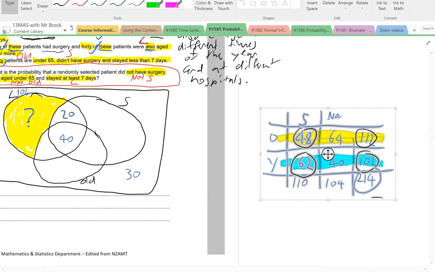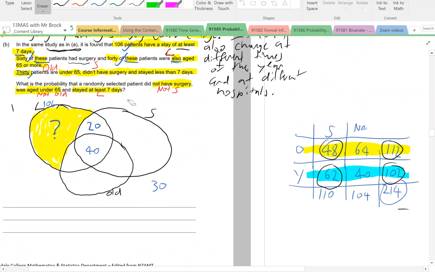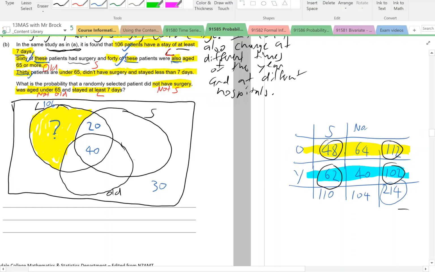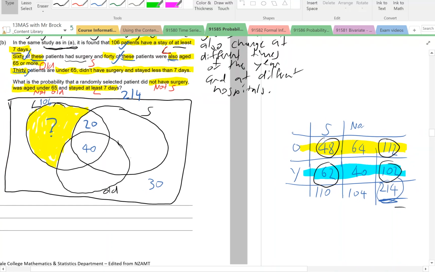Okay, so we know that there's 214 total, so I'm going to put that at the top, 214 total. Okay, we also know that there are, what else?